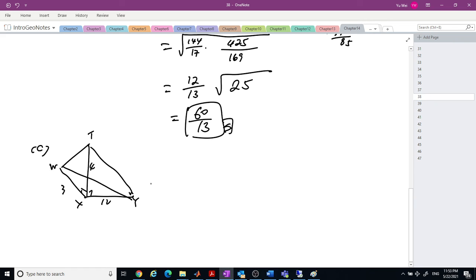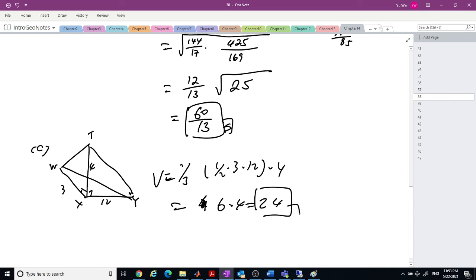This is the height. So volume is 1/3 of the half of 3 times 12 then times 4, is equal to 36 divided by 6, 36 divided by 6 is 6, times 4 is 24.